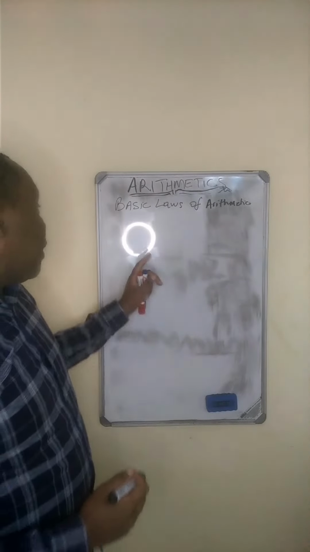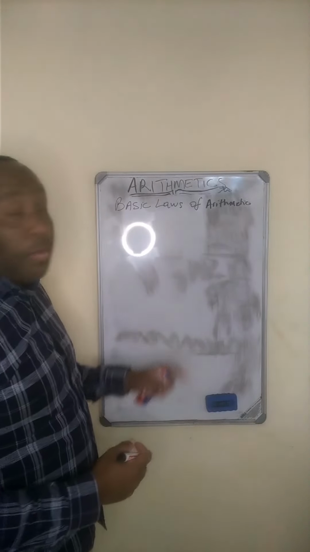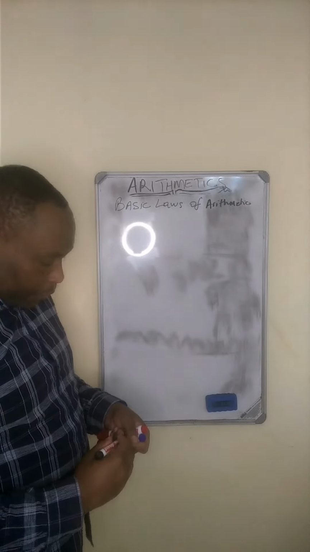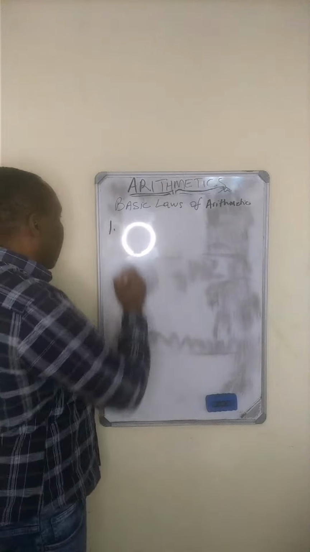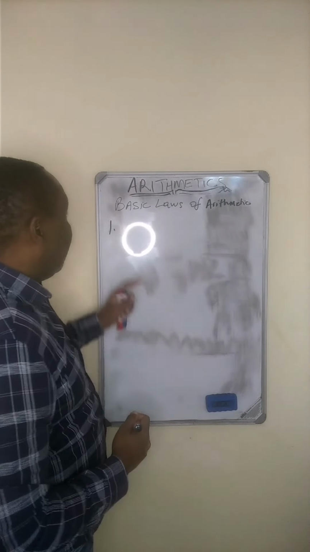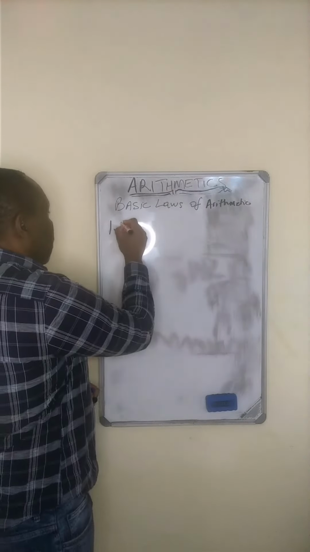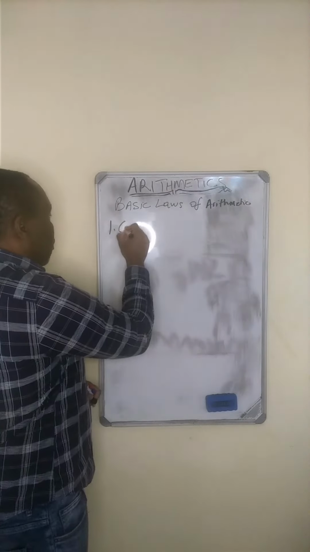Guys, we are still on arithmetic, and today we are doing basic laws of arithmetic. These are the laws. Let me just get down to it. Number one, it's commutativity, because I said it's a law.